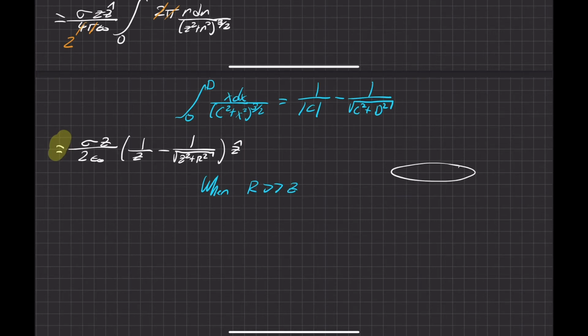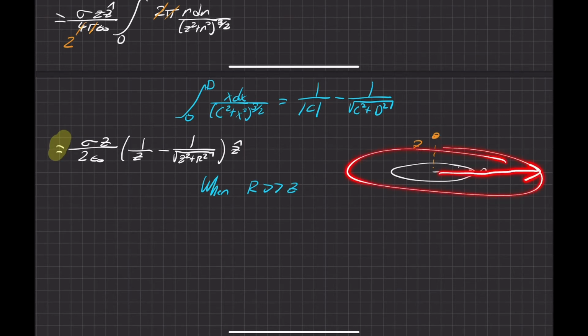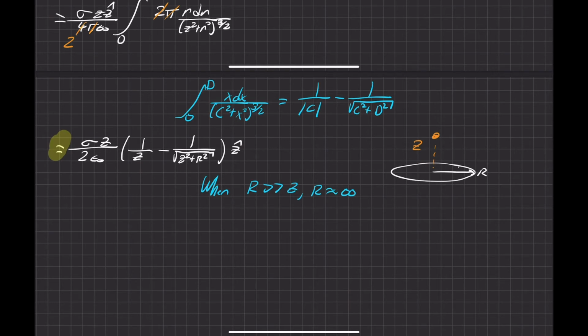When this radius is much greater than the distance z, it looks like the point keeps getting closer and closer, with the disk getting bigger and bigger, ending up taking up the whole page. What ends up happening is that r looks like infinity, like a giant endless wall. And so we can apply that to what we have right here.